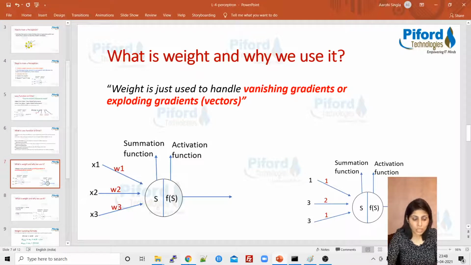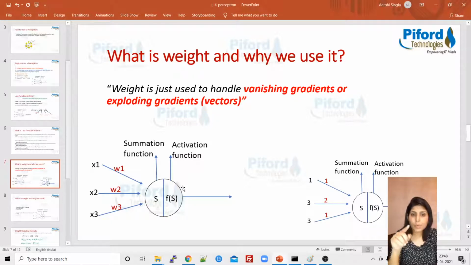So let's suppose the input which you are giving to your network, this x1, x2 and x3, has very small values. When you give very small values to your network, the value of the activation function will decrease exponentially.